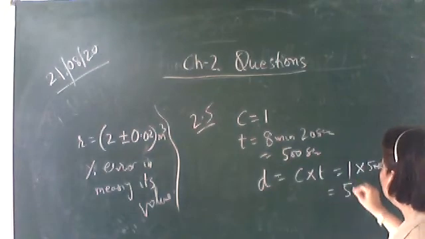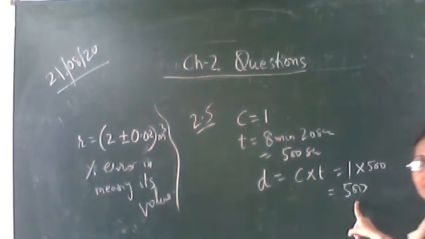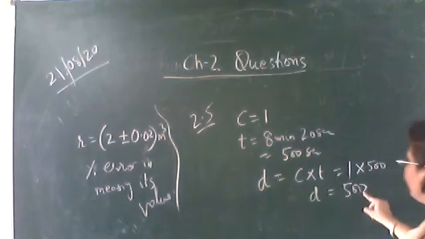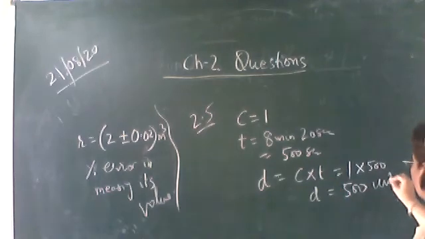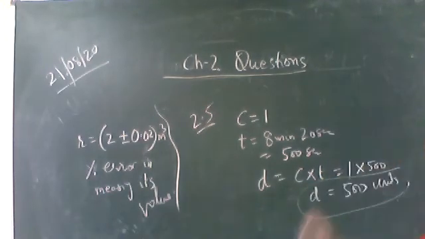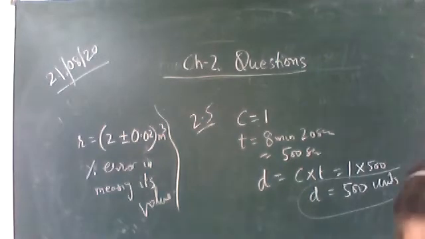So in the new units of length, this distance will be 500 units. It may be any unit, so you will write 500 units. So in the new system of unit of length, this distance between the sun and the earth will be 500 units. Is that clear?